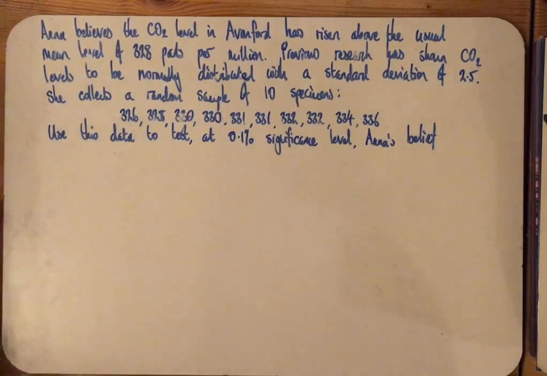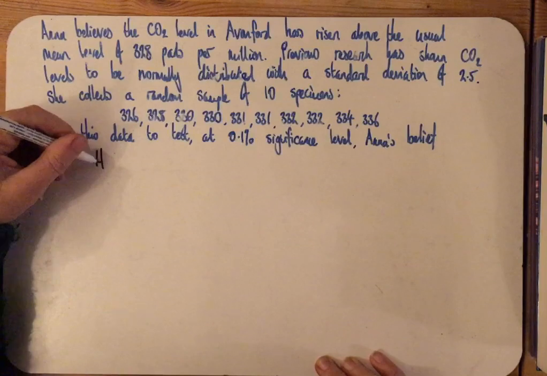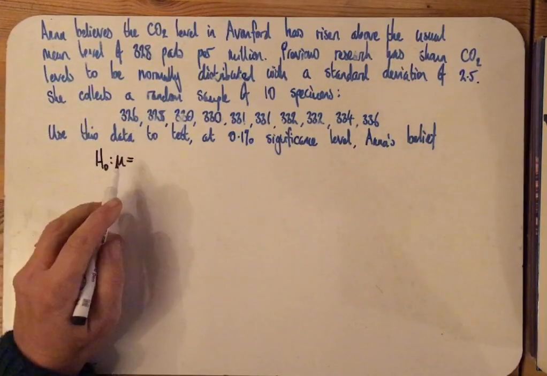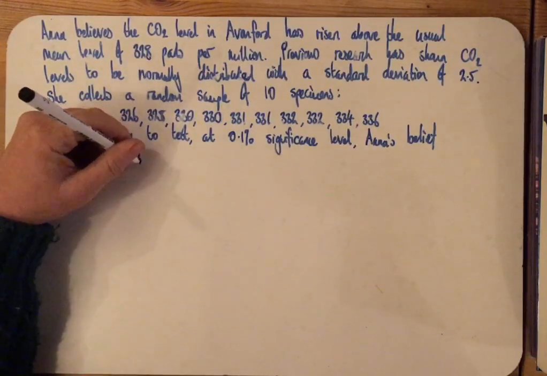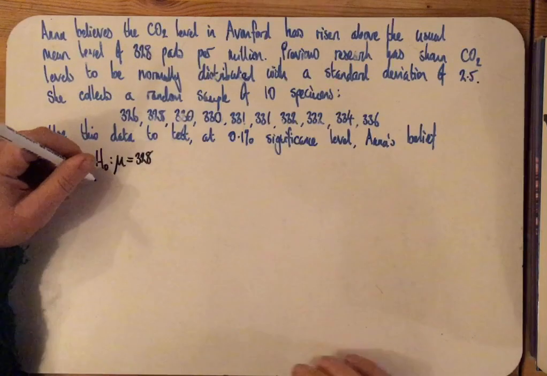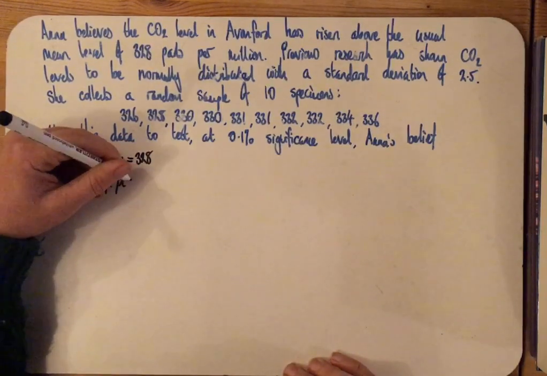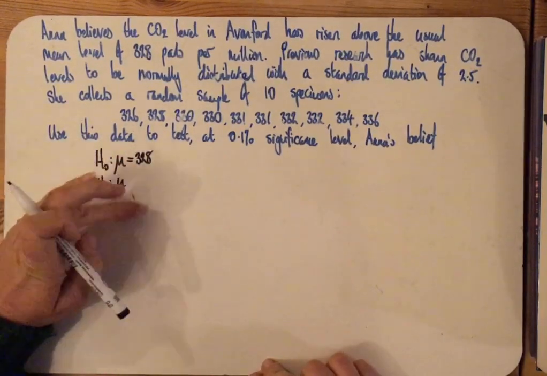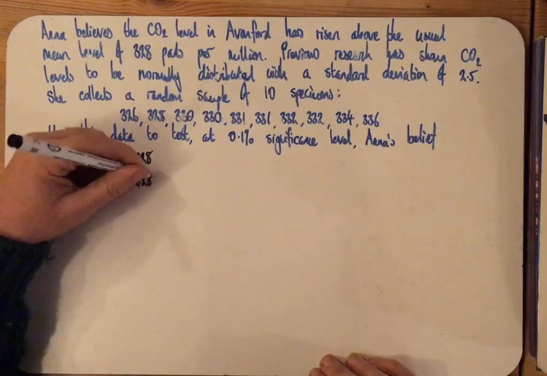So you need to lay these out like the ones you did last year. We have a null hypothesis, and that is that the mean, the population mean, is 328. The alternative hypothesis is Anna's belief: she thinks levels have risen, so she thinks the population mean is actually more than 328.